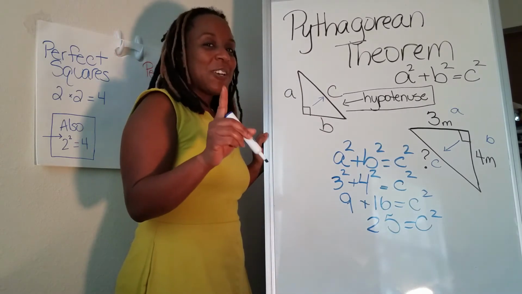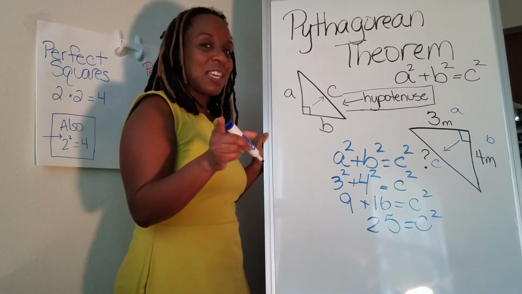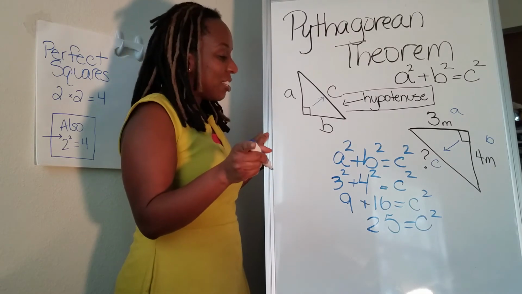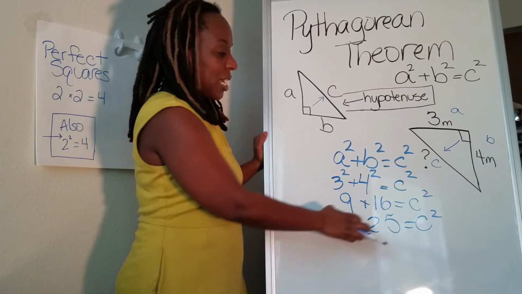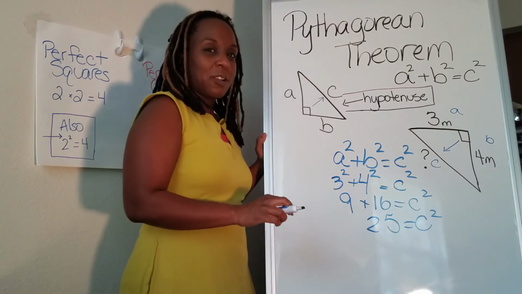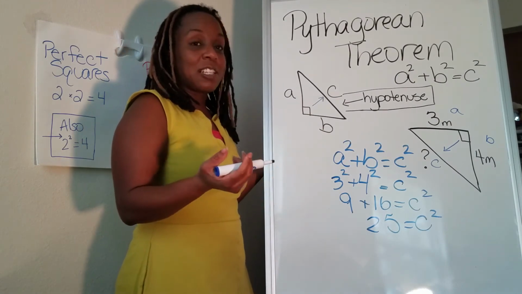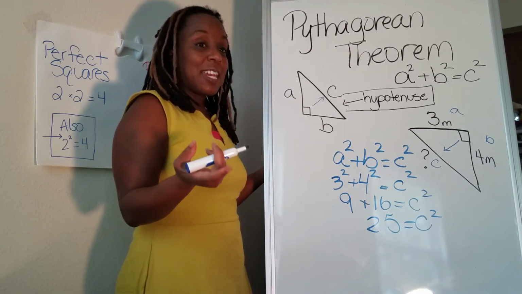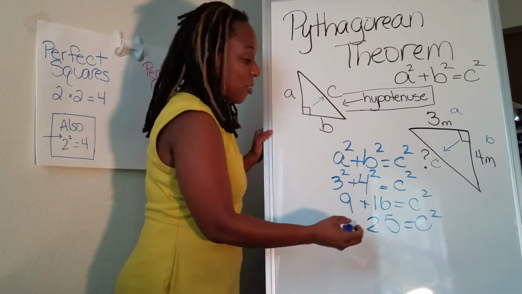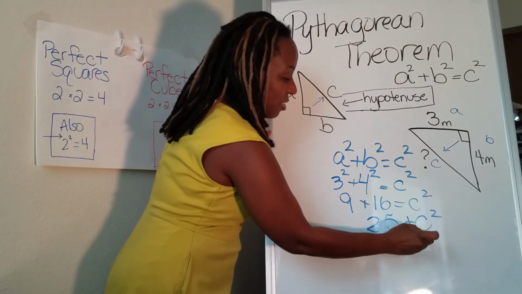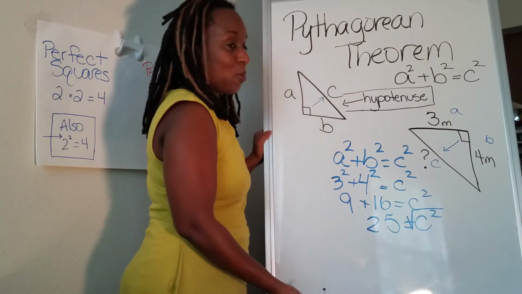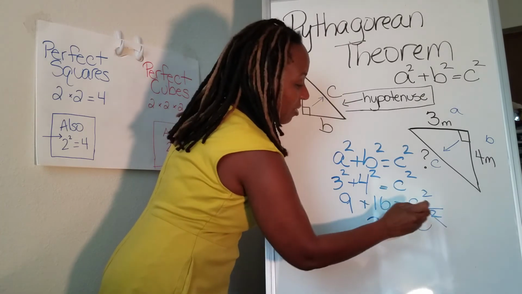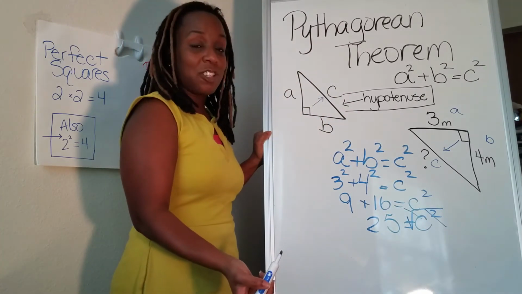But I don't want to know C squared. I want to know C by itself. So I need to do an inverse operation that gets rid of a squared. What is the inverse that gets rid of a squared? That is a square root. So what I'm going to do to get rid of this square is I'm going to take the square root, because squares and square roots cancel each other out.